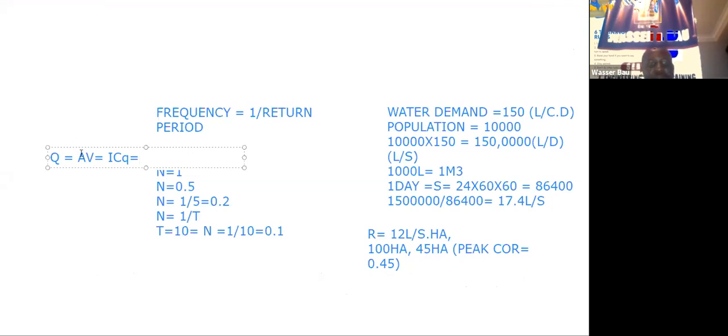Here, A means the surface area, or the area of the pipe. V is the velocity. In this case, C becomes a constant, the same thing as our peak runoff coefficient. Then q is the specific flow, which is the same thing as V, and I becomes the rain intensity.